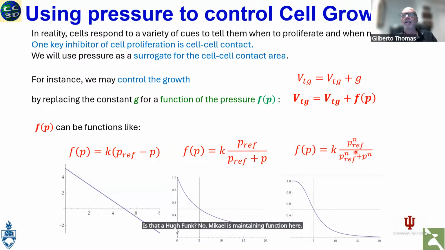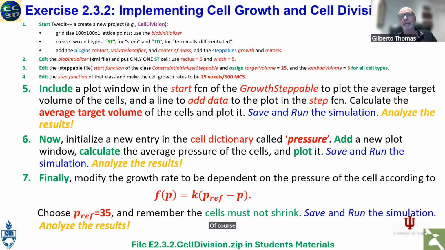And a Hill function here, for example. Okay, so let's use one of them. Of course, we are going to use the simplest one, the first one, the linear one.